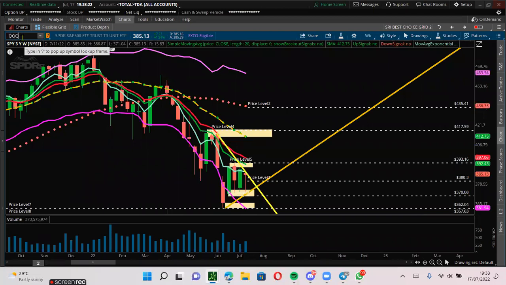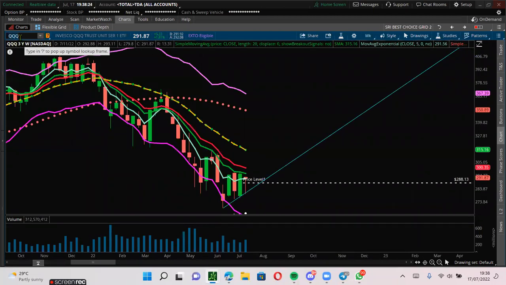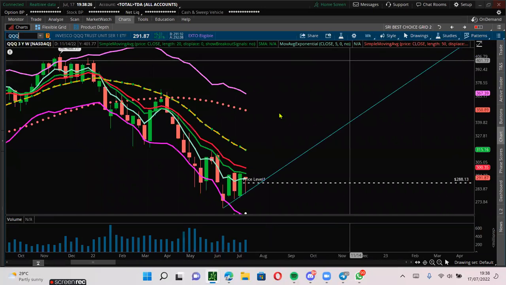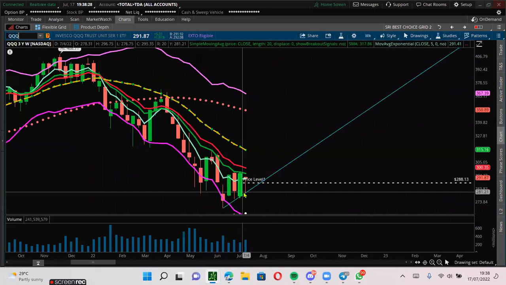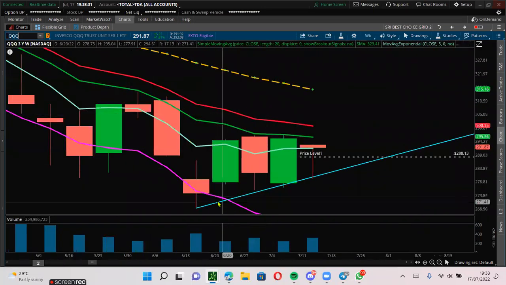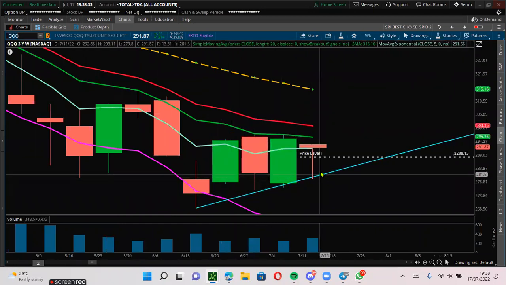I'll switch the gears to QQQ. On a weekly, it's sitting nicely on the trend line. It's finding a support.